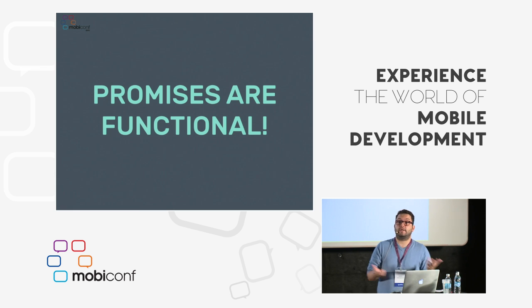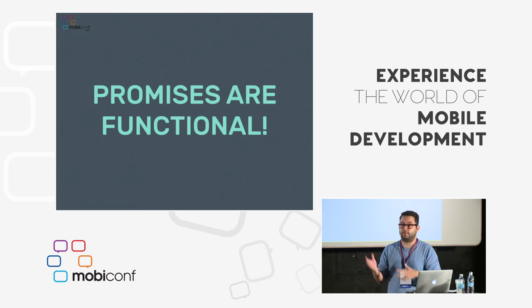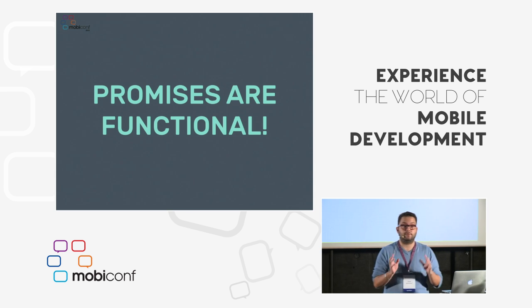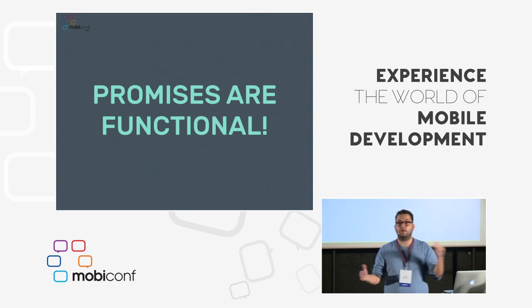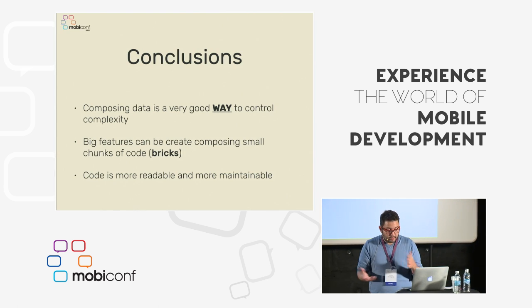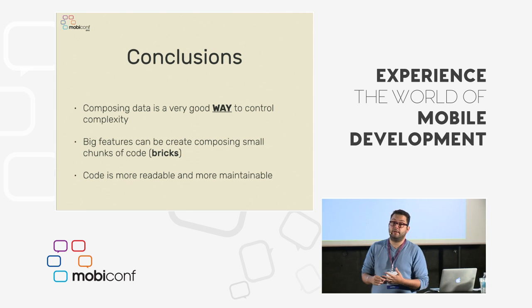And those blocks can be tested very well, because a unit test for a very small chunk of code is easier to write than for a huge monolithic function. So some conclusions. Composition of data is actually a good way.